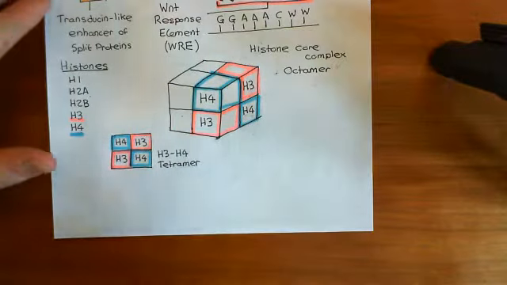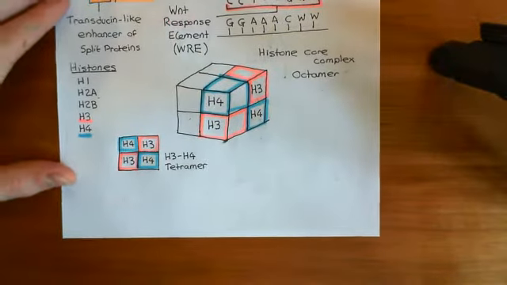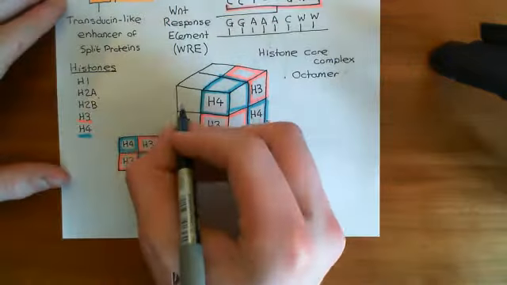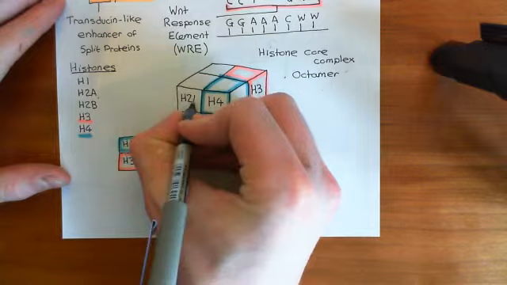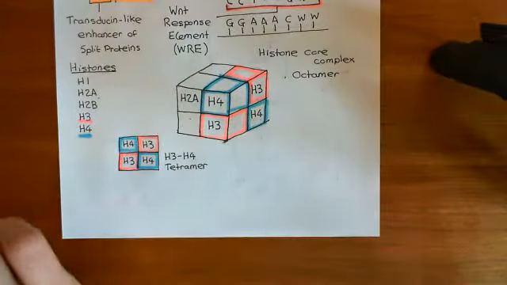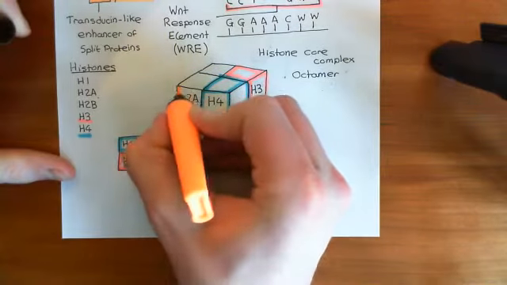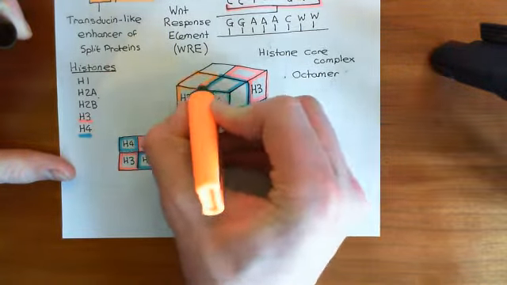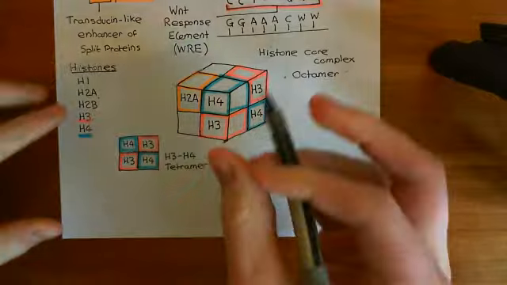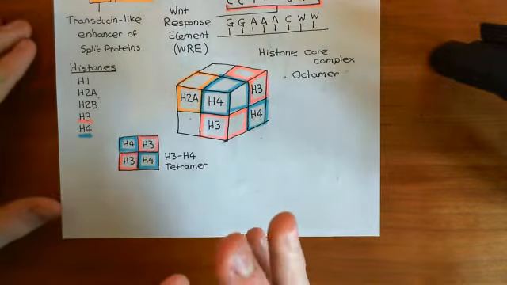Okay, right, now let's discuss the other side, the other half. So this is going to consist of 2 histone 2A proteins, so we're going to have one of those here at the front. Okay, so we'll colour this histone 2A protein here in orange. And then, well, we can't actually see the other histone 2A.